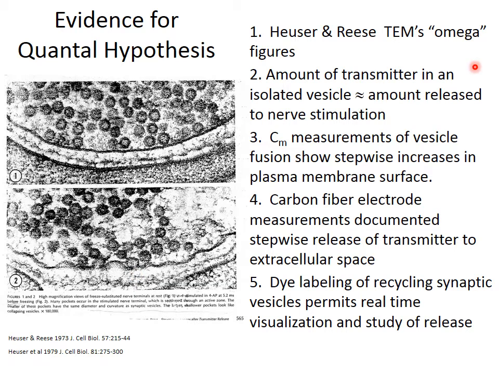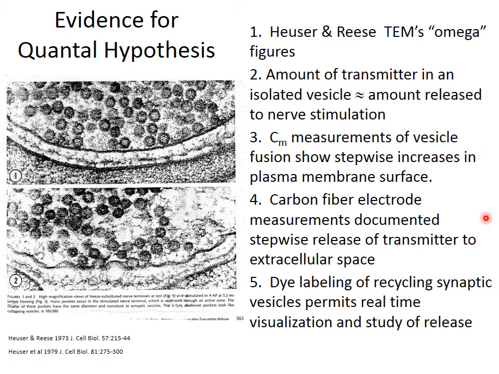We know from the work of several different laboratories that the very difficult experiment of measuring the amount of transmitter actually released in a single release event is equivalent to the amount that can be isolated from individual vesicles.